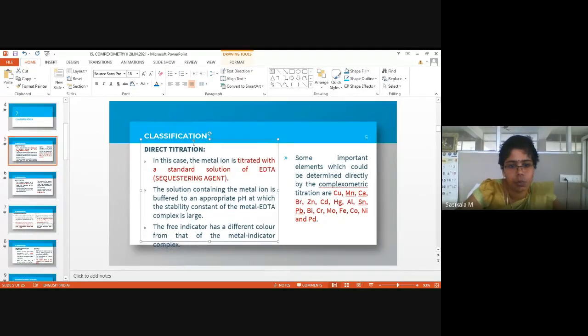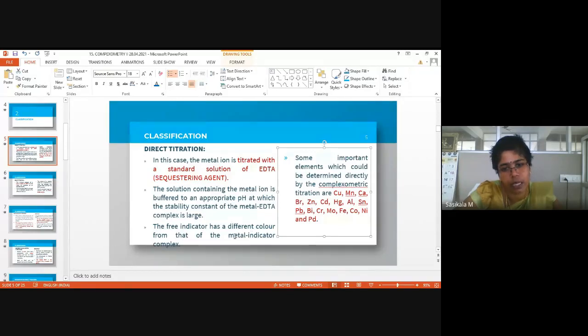Now let's move on to the next point. The free indicator has a different color from that of the metal indicator complex. When the indicator forms a complex with the metal, a chemical change occurs and the metal indicator complex has a different color.